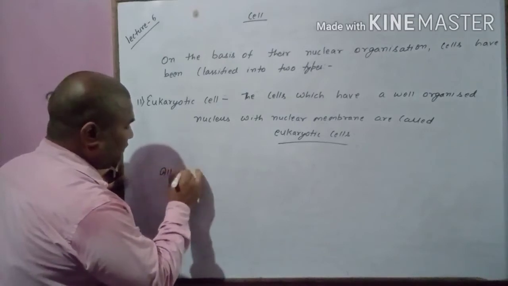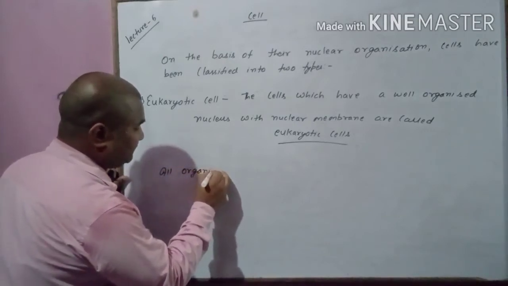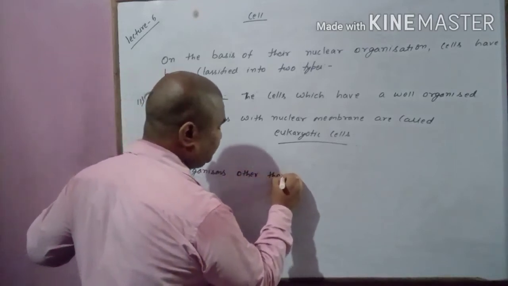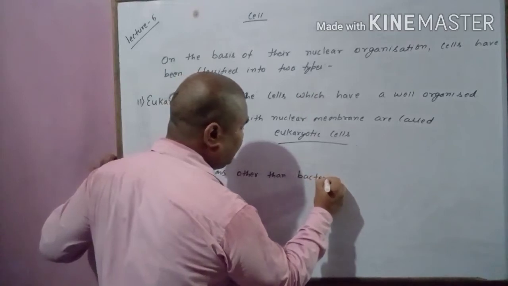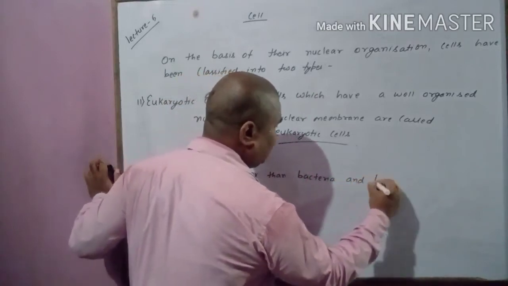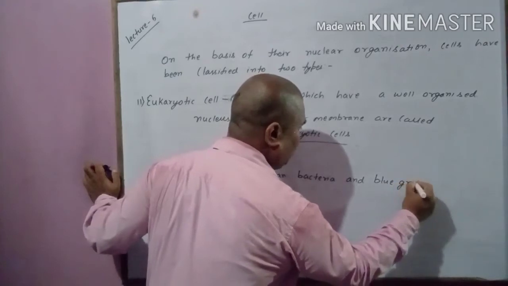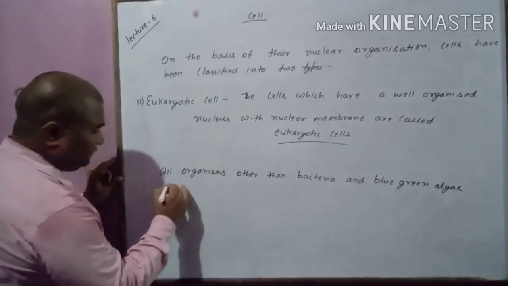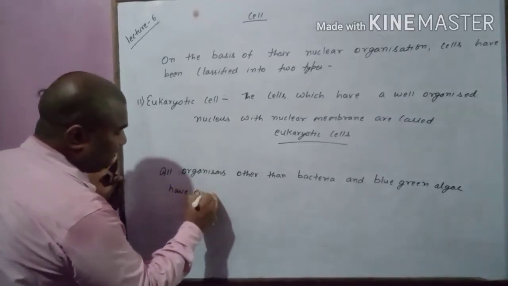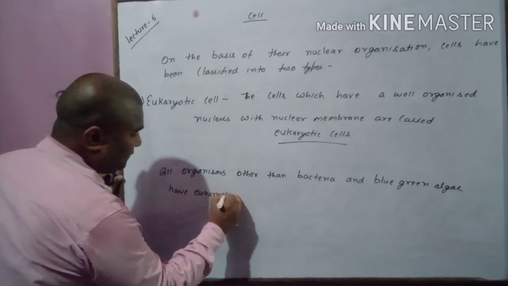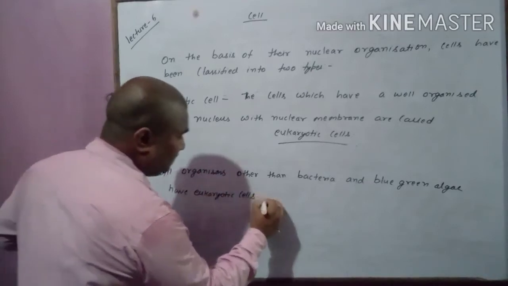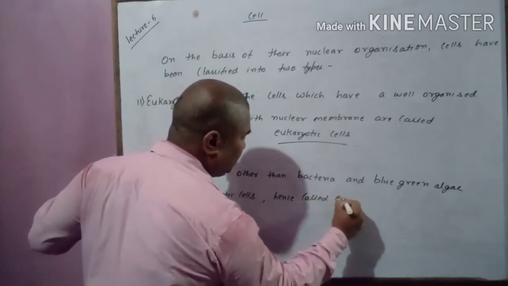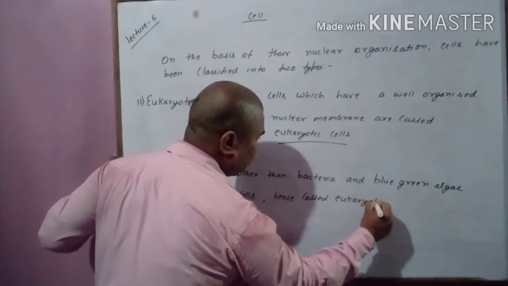So all organisms other than bacteria and blue green algae have eukaryotic cells, hence called eukaryotes.